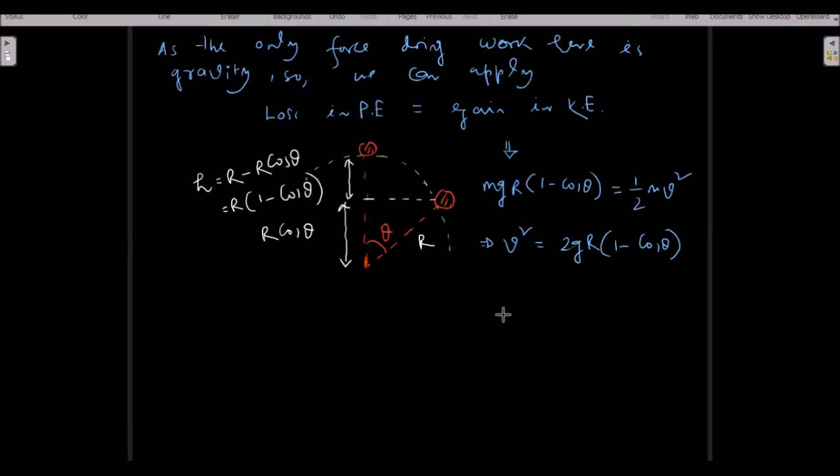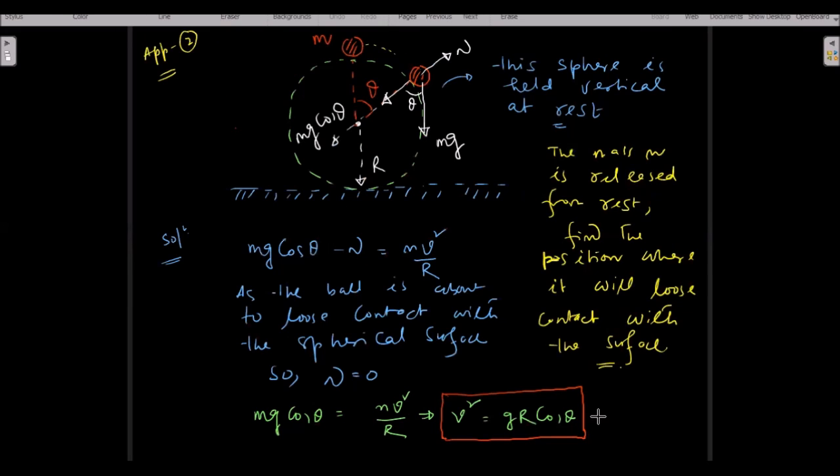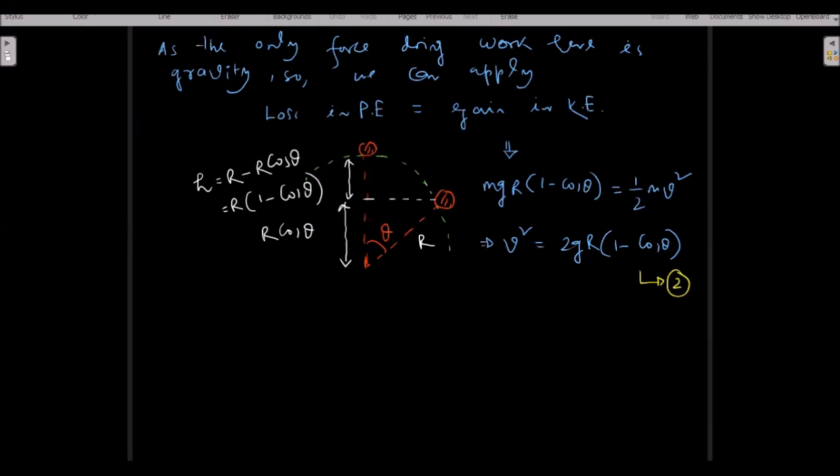Is that thing clear to everyone? Right? So earlier, let us say this is my equation number 2 and this is equation number 1. So we can clearly write from equation 1 and 2, rg cos theta is equal to 2gr into 1 minus cos theta.